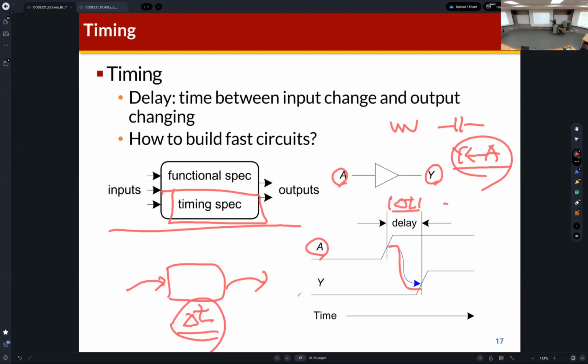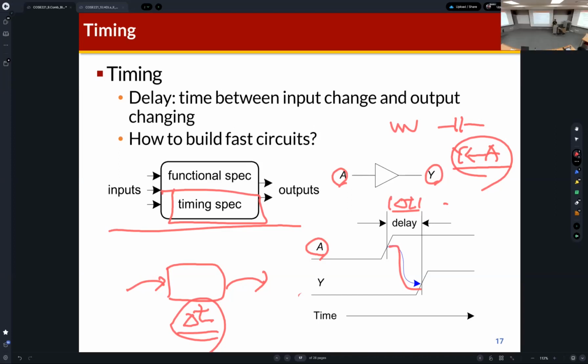But when we consider the hardware, then we need to also consider this delay, the timing specification of the circuit. So even though this means y equals a, after some delay the value of y changes based on the input values.